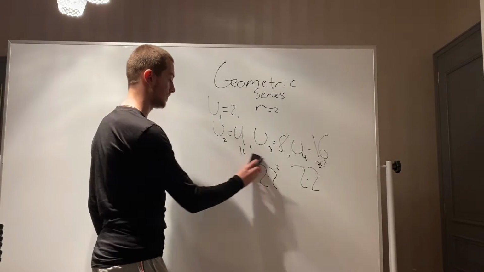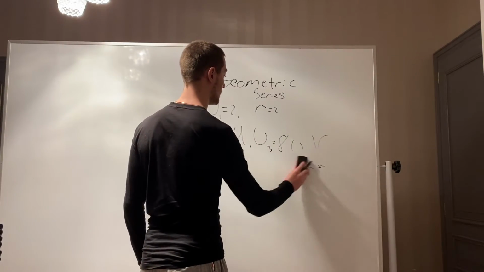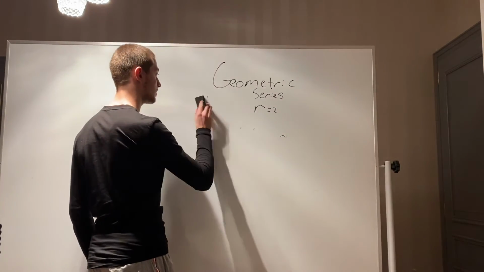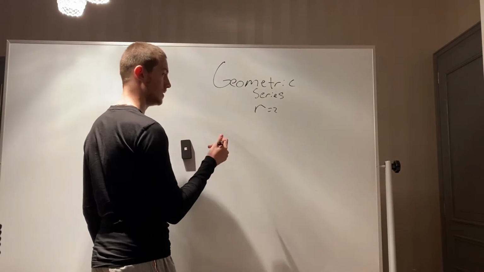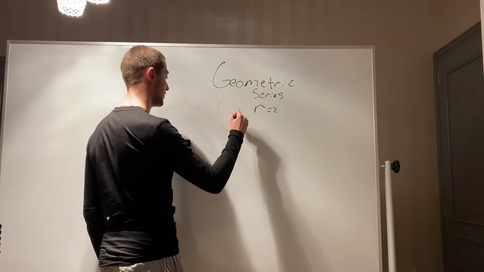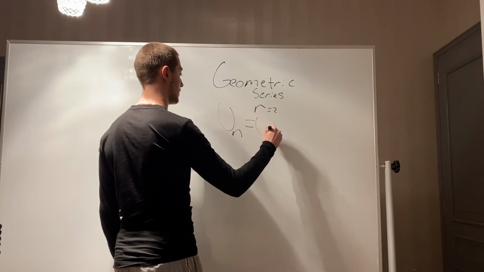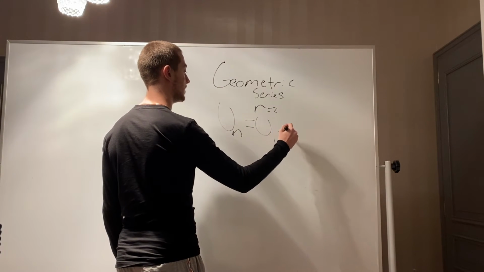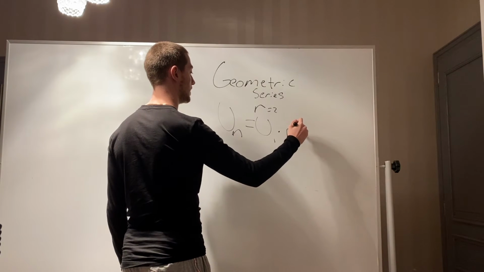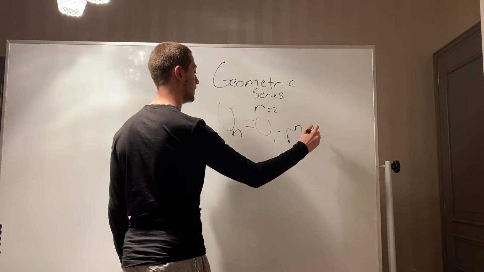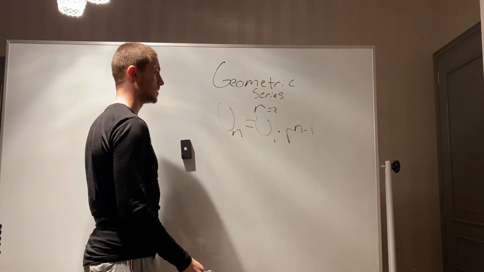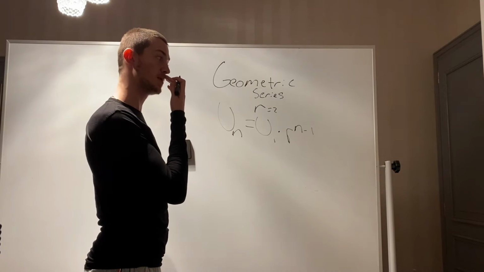And a general way of understanding this is that the nth term of a geometric series is always expressed as u_n equals u_1 multiplied by r to the power of n minus 1. And the reason why we do that is a bit similar to arithmetic series.